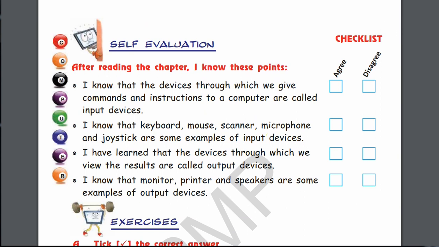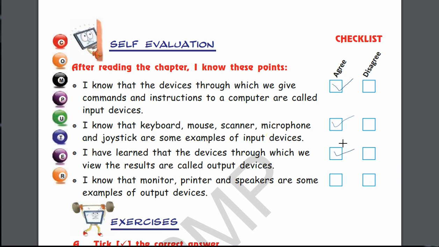So let us start. I know that the devices through which we give commands and instructions to the computer are called input devices. Children, please click on agree. I know that keyboard, mouse, scanner, microphone and joystick are examples of input devices. Again, click on agree. I have learned that the devices through which we give or view the results are called output devices.